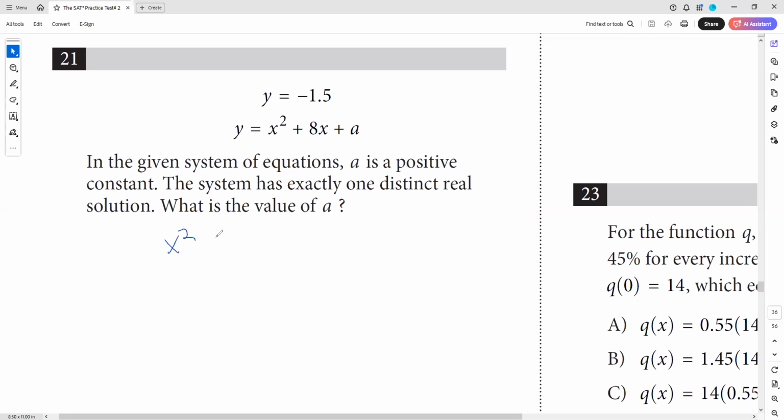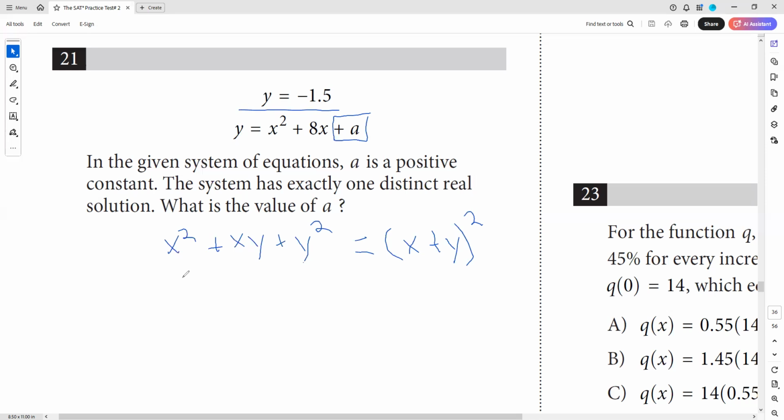X squared plus xy plus y squared, that's a perfect trinomial because it factors into x plus y times x plus y, or x plus y to the second power. So when we need to find out what this a is, it's not exactly a yet because we need to take into account the y equals negative 1.5, but humor me.